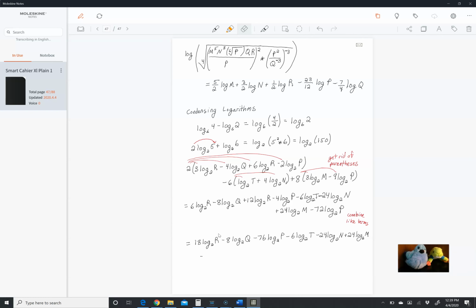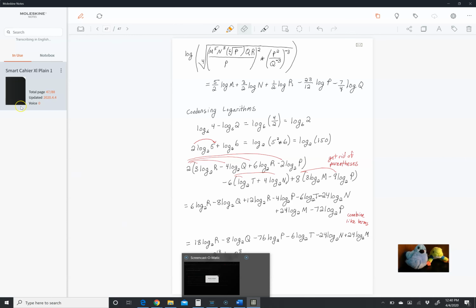So we have equals log base 2 of r to the 18th minus log base 2 of q to the 8th minus 76 log base 2, I don't mean that. We're moving the coefficients into the exponents.